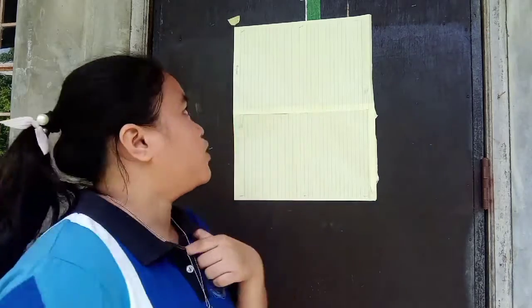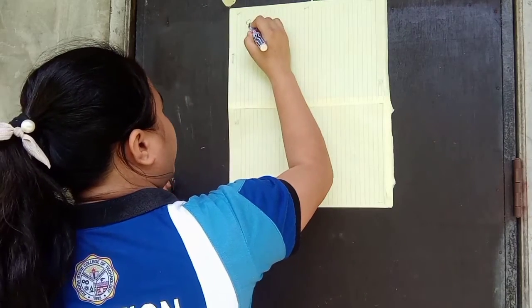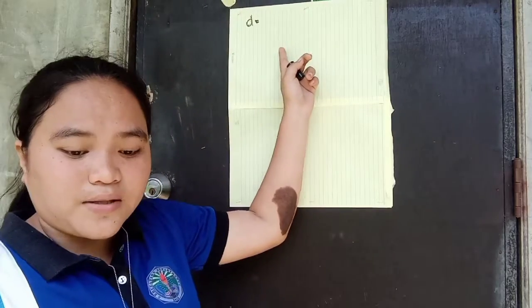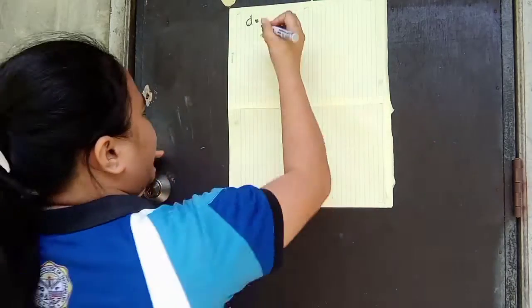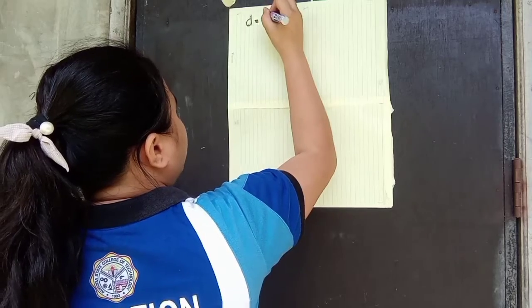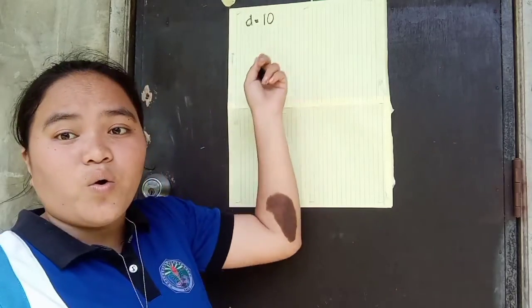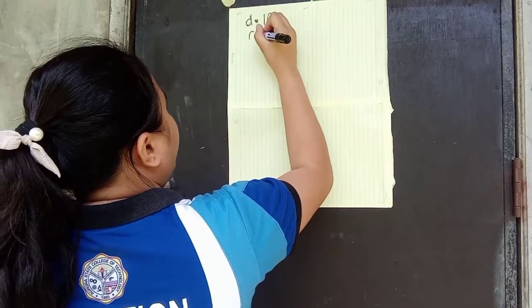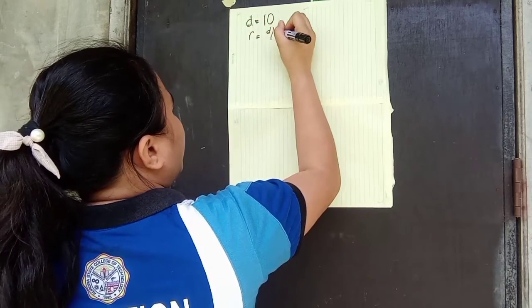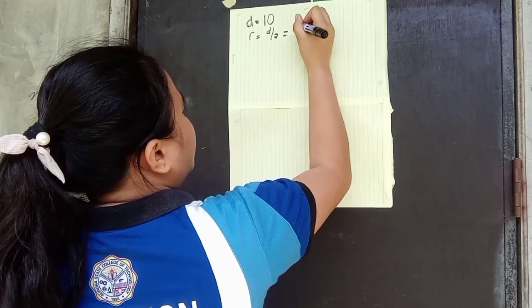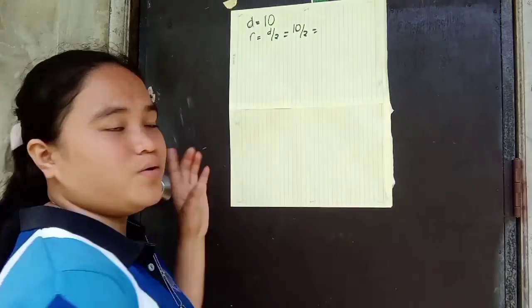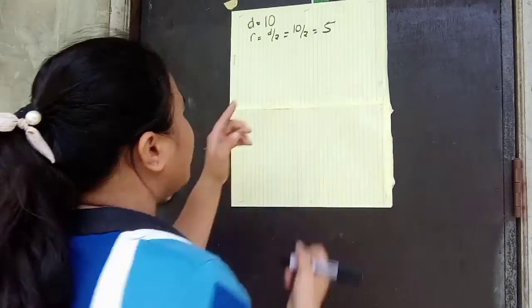Now, kunin po natin yung diameter. So, ang diameter po natin dito is 10 inches. So, kukunin po natin yung radius ng 10. So, R equals D over 2 equals 10 over 2 equals 10 divided by 2 equals 5.